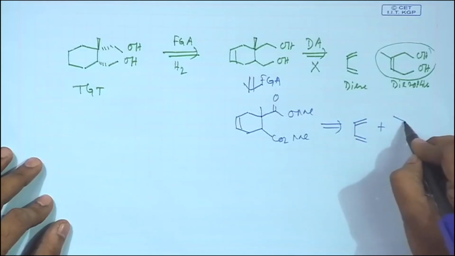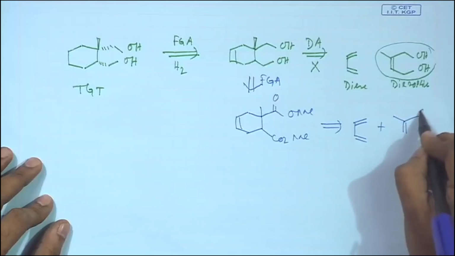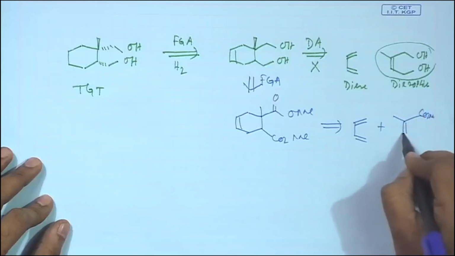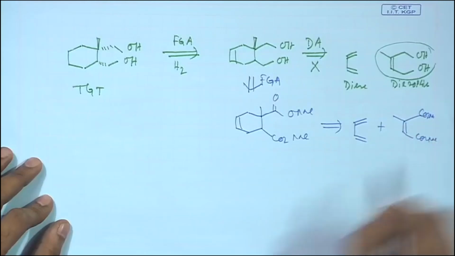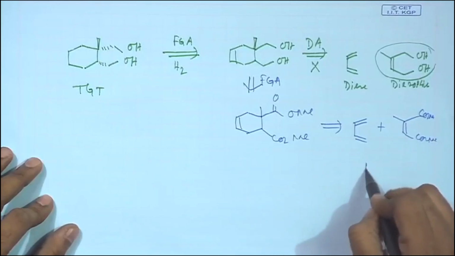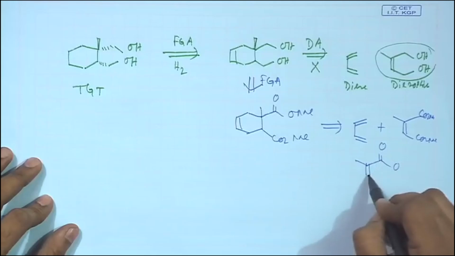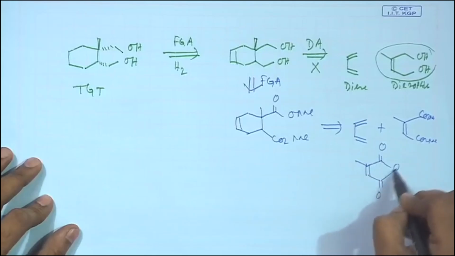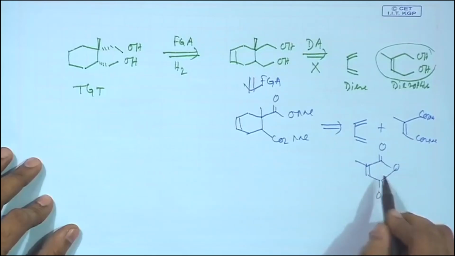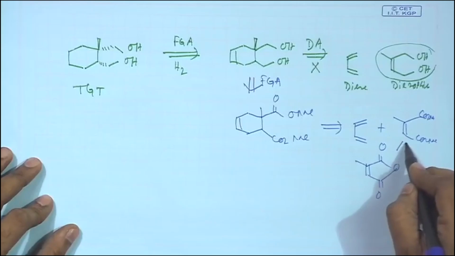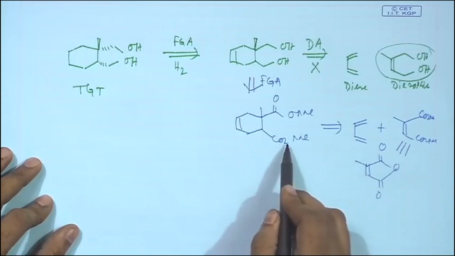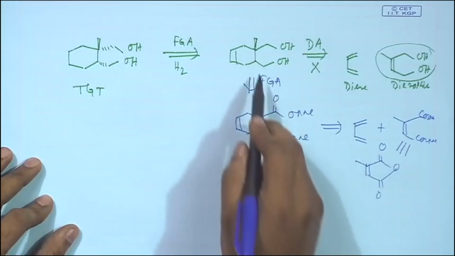Now, see your Diels-Alder pathway is perfect. You are having this dienophile, or even you can choose a dienophile something like this, a cyclic dienophile, which also will serve the purpose. So, any one of these dienophiles can be used, and then you can do a reduction.